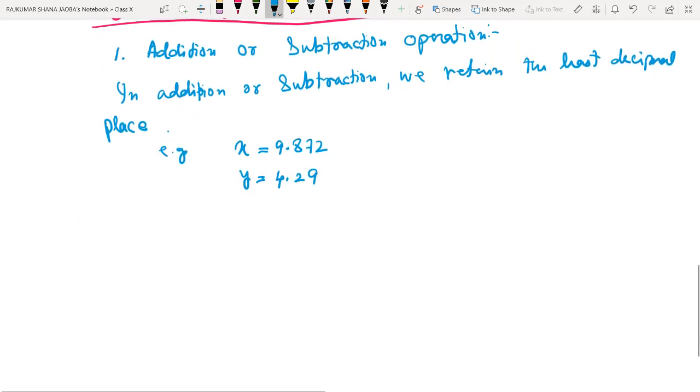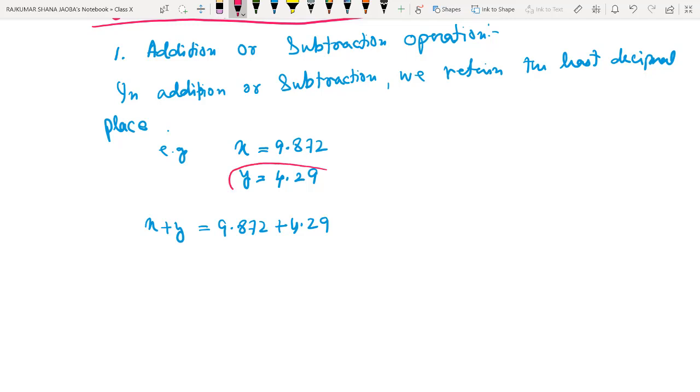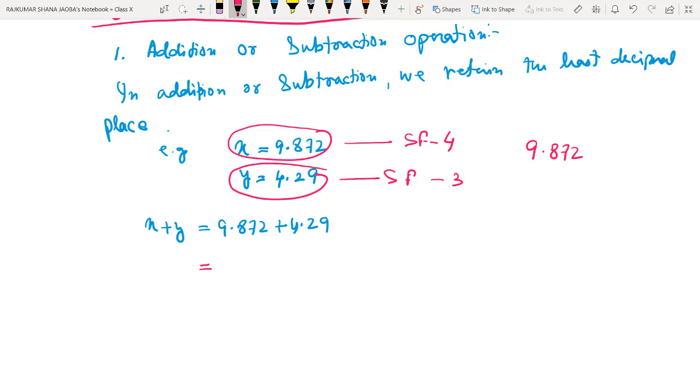Suppose we want x plus y, that is 9.872 plus 4.29. The significant figures of x are 4 and of y are 3. Adding them gives 14.162.